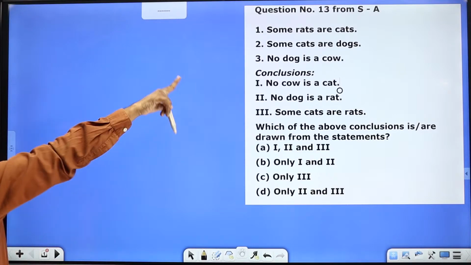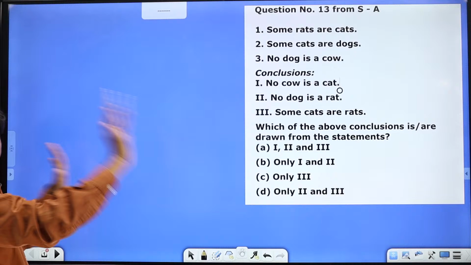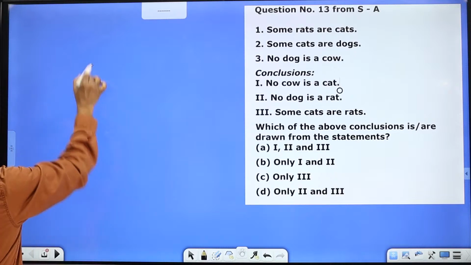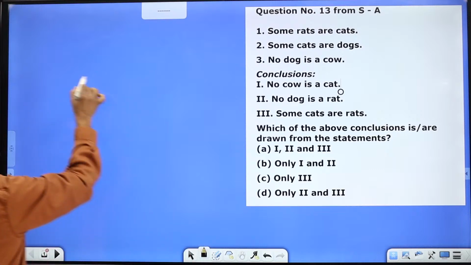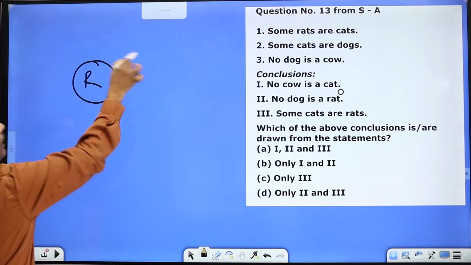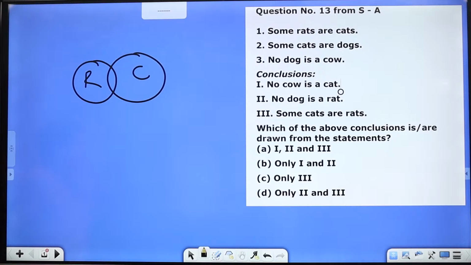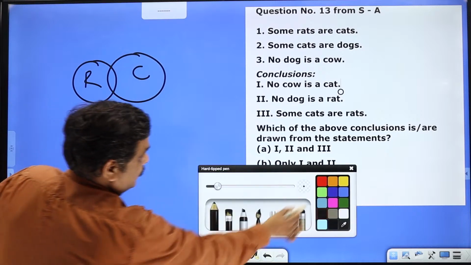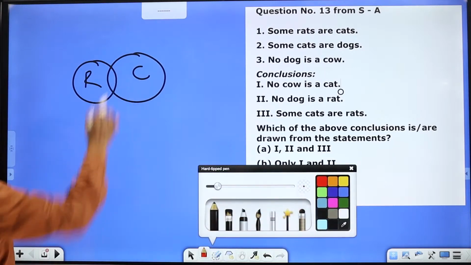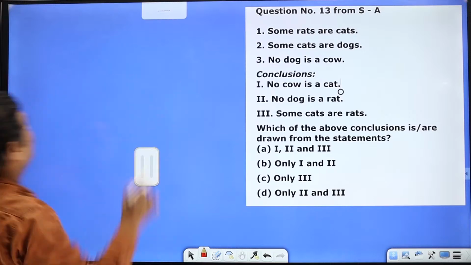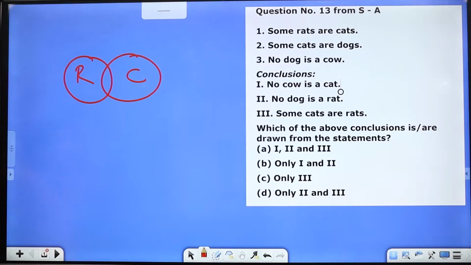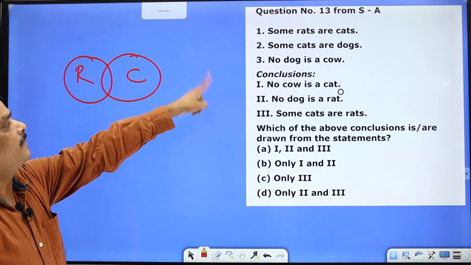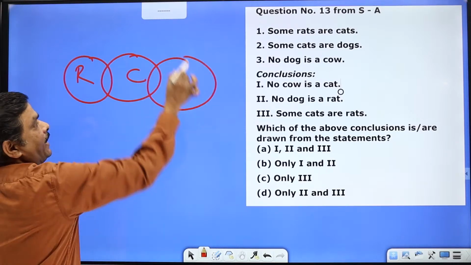So, some rats are cats. You can draw it in many ways, but the basic diagram is this way: some rats are cats. Then we will change the color here. First take the first one, some rats are cats, followed by some cats are dogs.